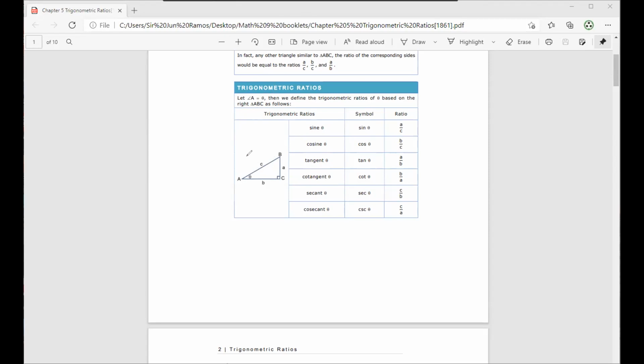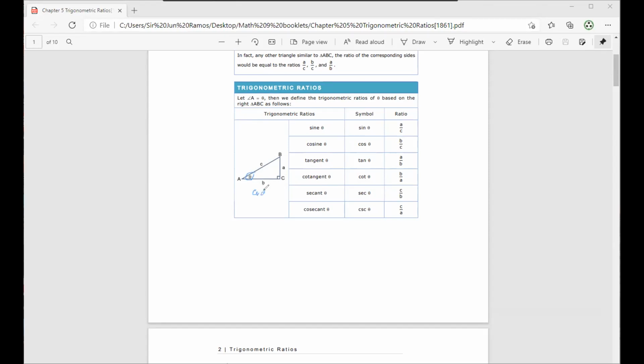In this case, we are dealing with angle A, and let's say angle A is theta here. In relation to this angle theta, and this is a right triangle, this side here we know to be the hypotenuse. That's the opposite side of the right angle. And B here is the adjacent side.